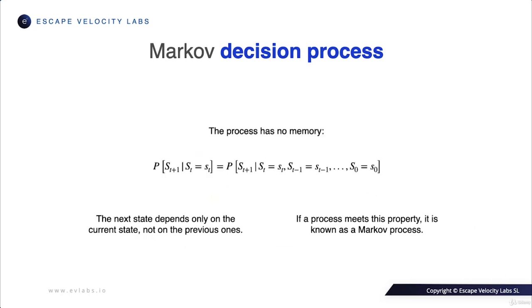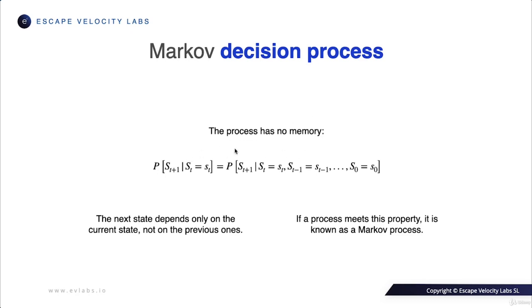These Markov decision processes have an important property, and that property is that the next state visited depends only on the current state, and not on the previous ones. That is, the process that we have followed to reach the current state does not influence the future states that we will see.